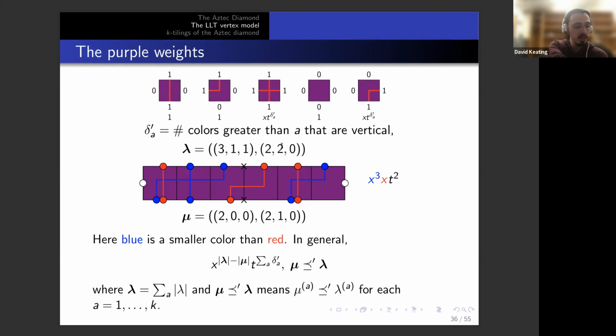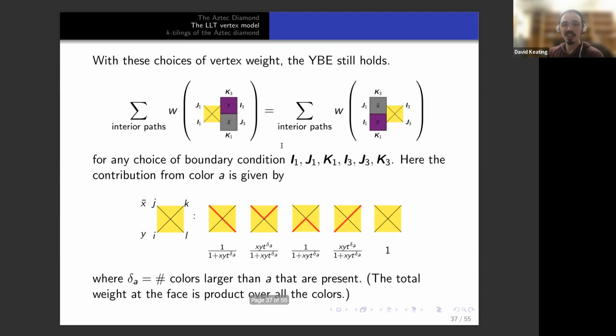Okay. All right. So now these still satisfy the Yang-Baxter equation, but now the weights are more complicated because we have K colors.